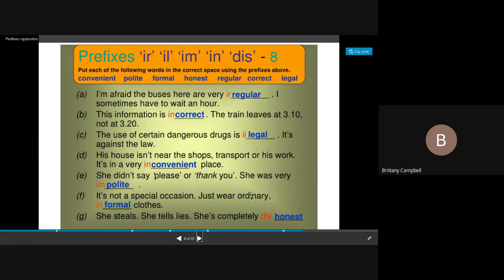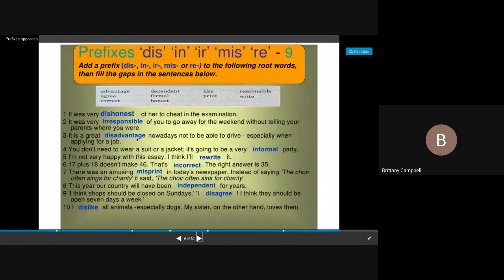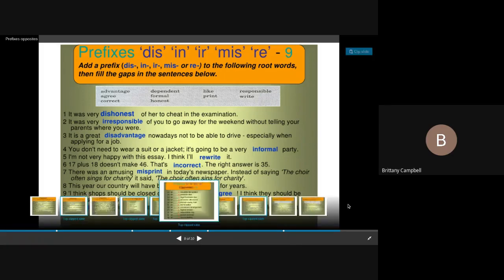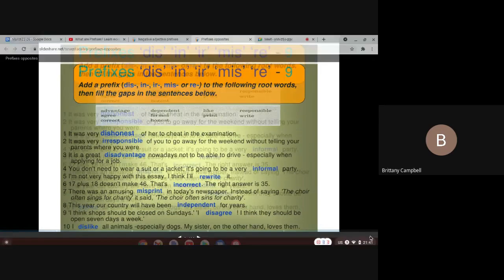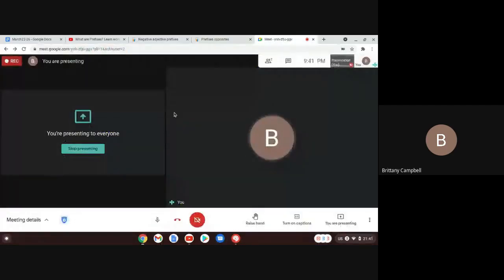Just wear ordinary informal clothes. Look at this. She steals. She tells lies. She's completely dishonest. Yes? So those are some of the examples that we're able to think about when we talk about all these negative prefixes, which means not, right? So take note of that. And I'm pretty sure that you're able to come up with some examples on your own.